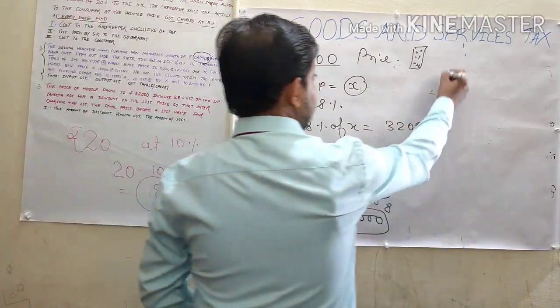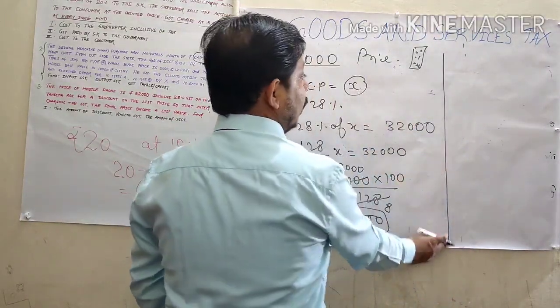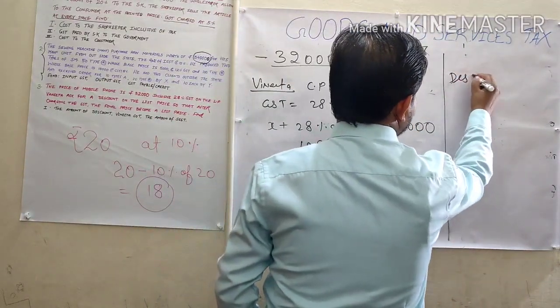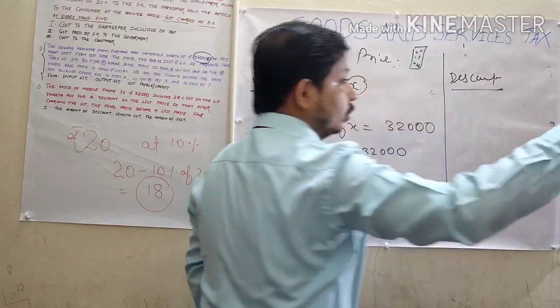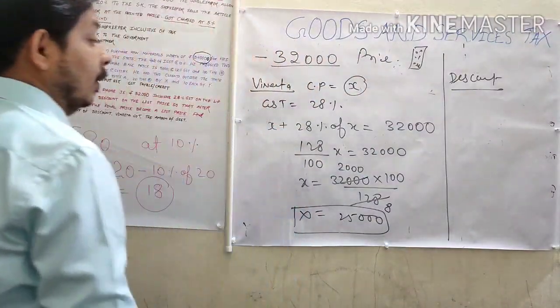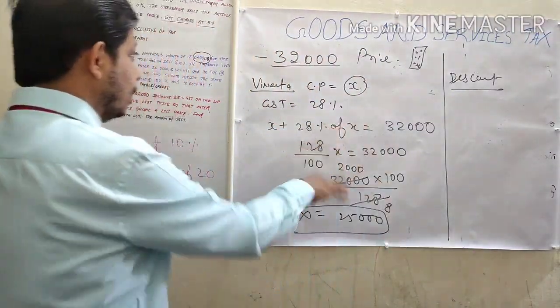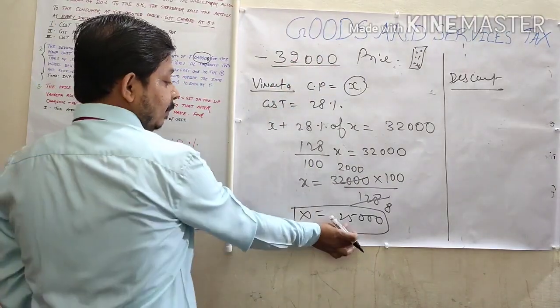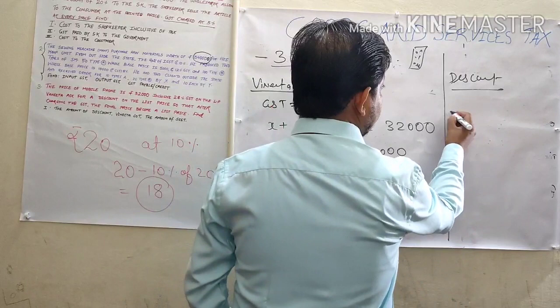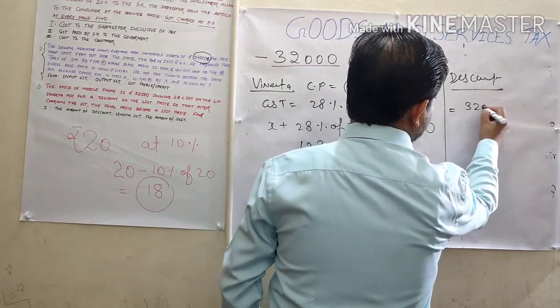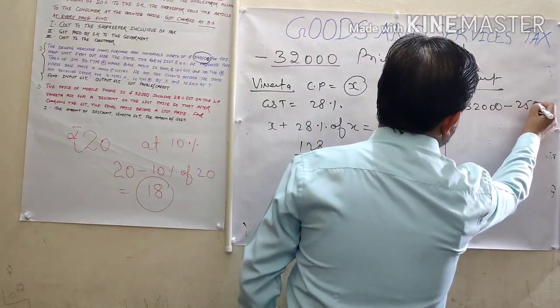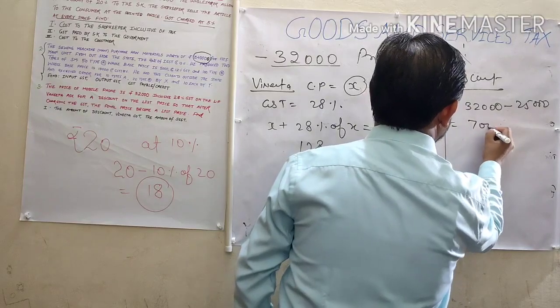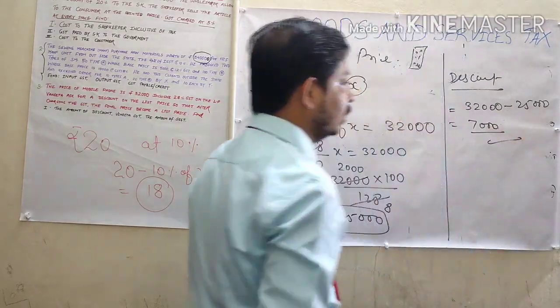Now, what discount did Vinita get? Discount is always calculated on the customer price and the market price. Earlier it was 32,000. Vinita is getting 25,000. So discount is 32,000 minus 25,000, that is 7,000. Simple.